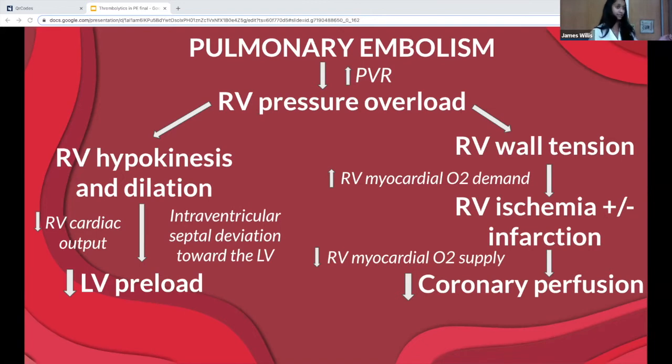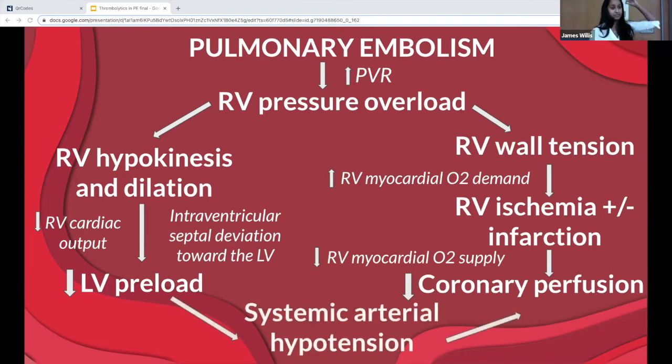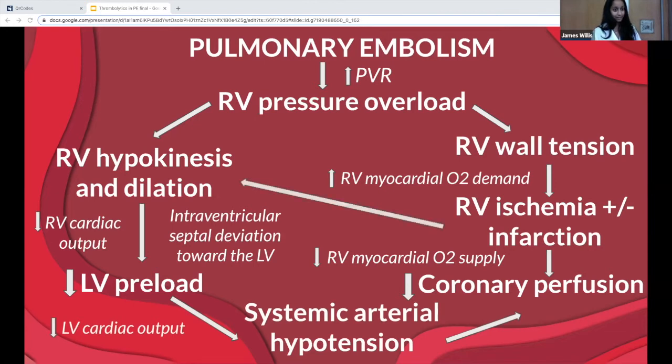Ultimately, the decrease in left ventricular preload leads to systemic arterial hypotension due to a decrease in left ventricular cardiac output, which then further contributes to a decrease in coronary perfusion, as well as that right ventricular ischemia also contributes further to the right ventricular hypokinesis and dilation. The pathophys behind pulmonary embolism is essentially this vicious cycle where everything worsens each other.